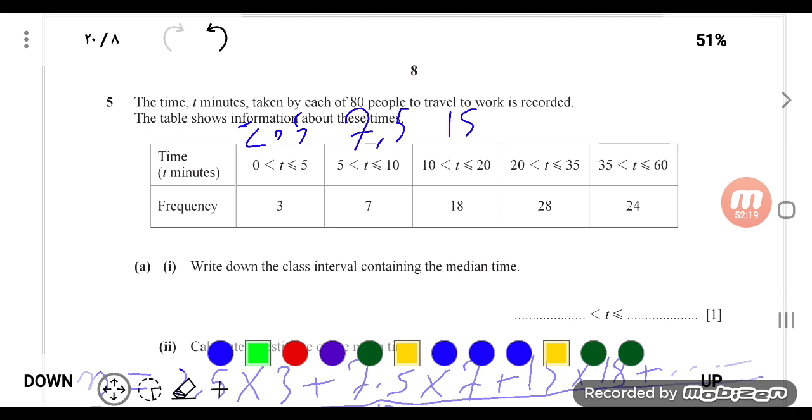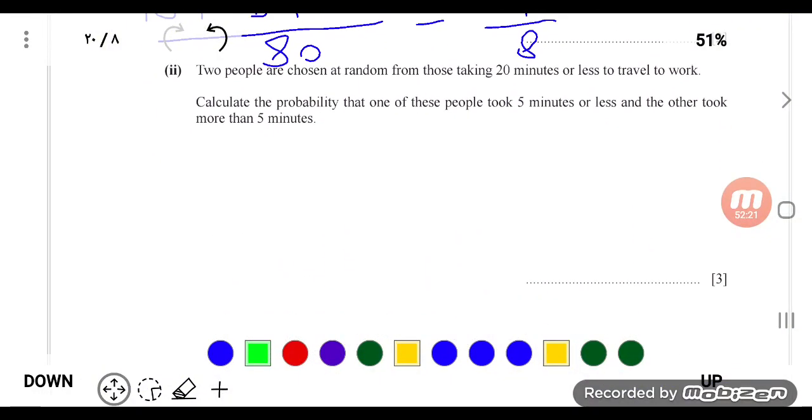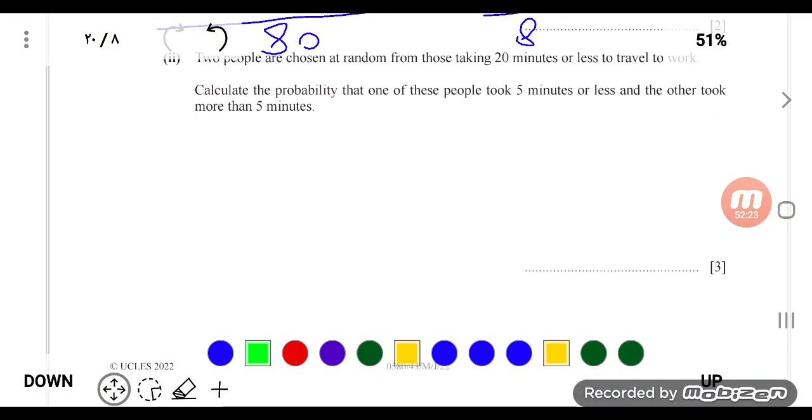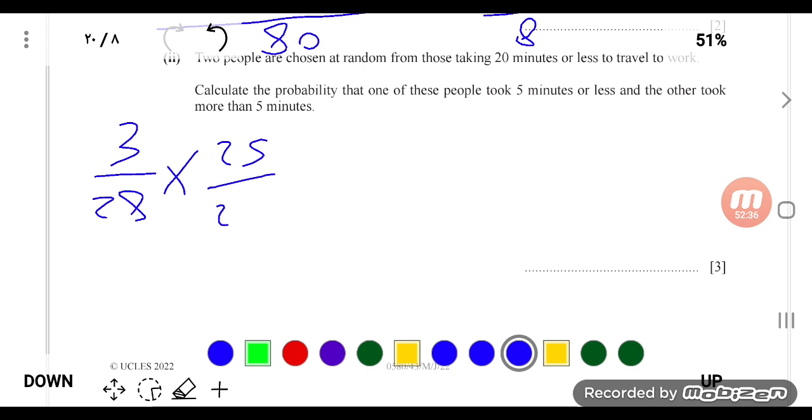So now you do 3 over 28 times 25 over 27.